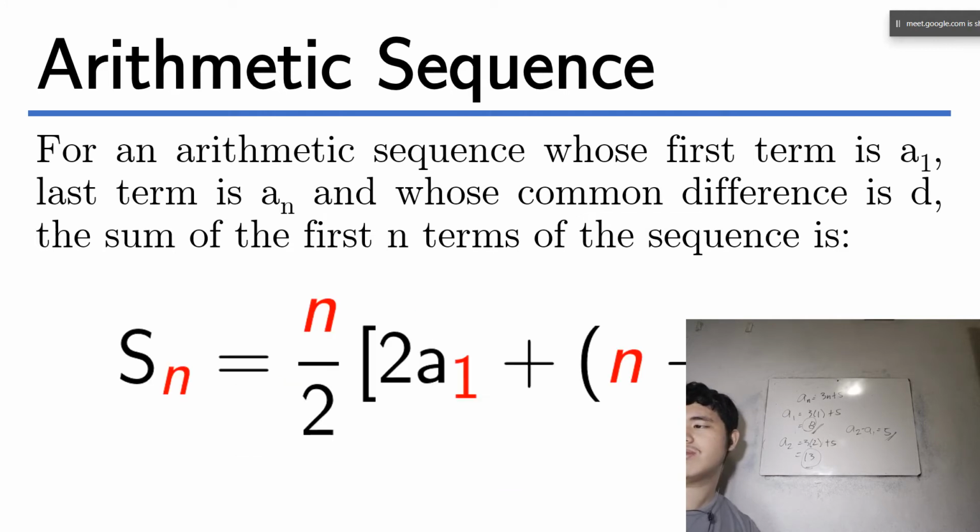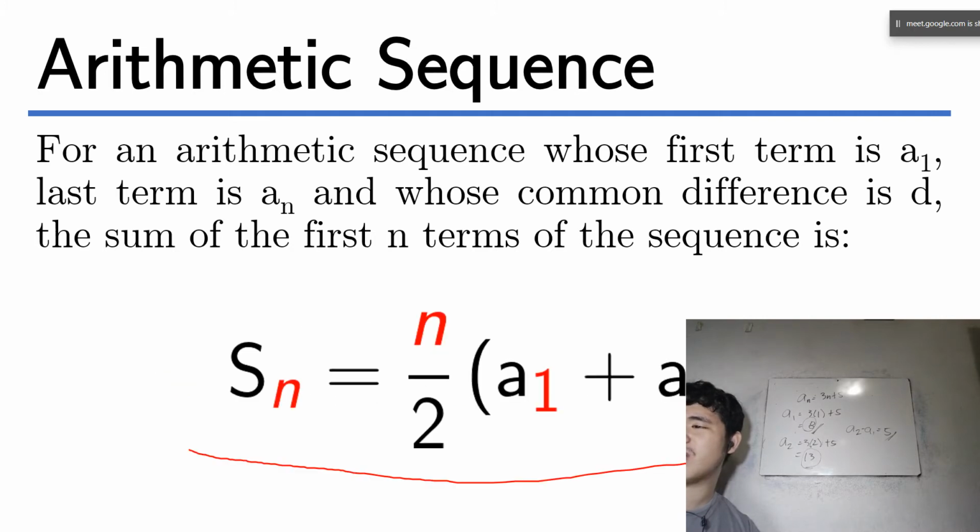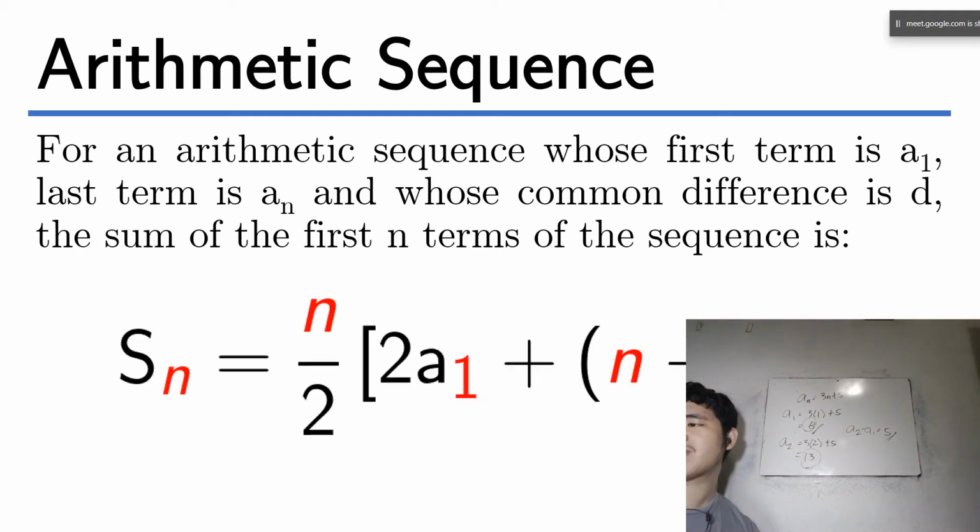Tapos, pag hindi nyo alam kung ano yung last term, pwede pa rin yan. Example, first term lang ibinigay, tapos sabi, find the sum of the terms of this sequence, no? Gagawin nyo lang is this one. Kopyahin na yung formula.